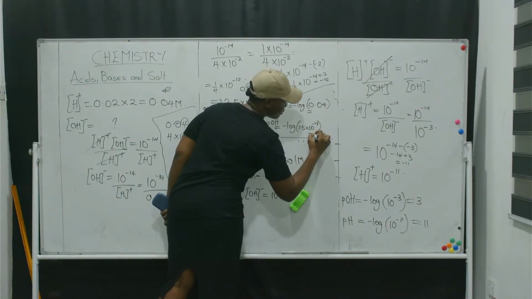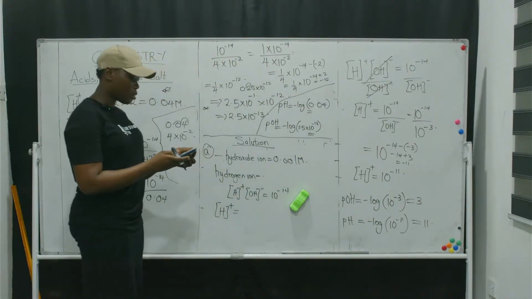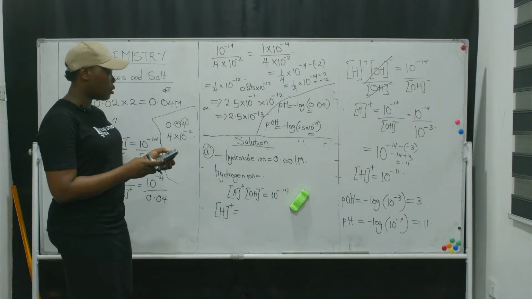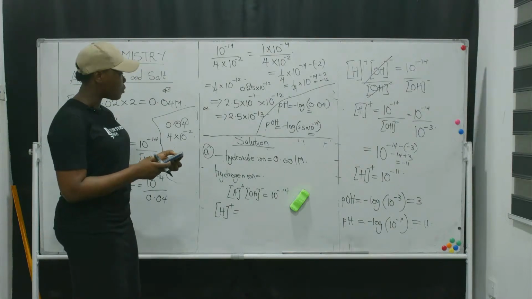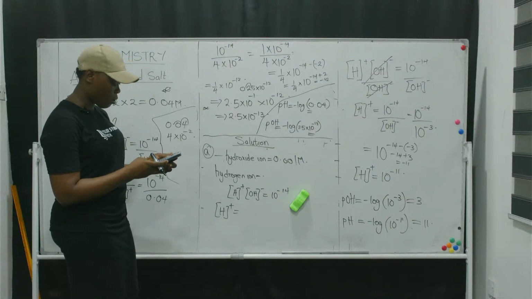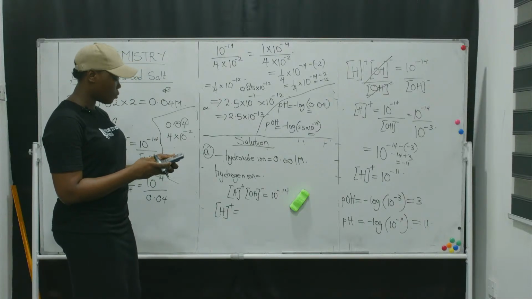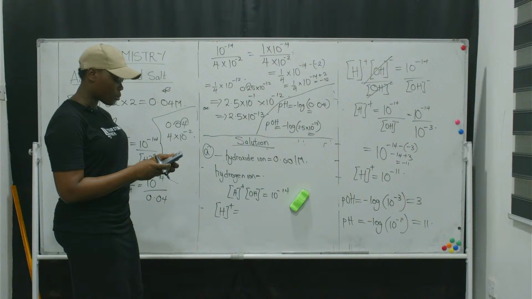The answer we get, we write here. So let's do that. Minus log 0.04, that's 1.4. Minus log 2.5 times 10 raised to the power minus 13.